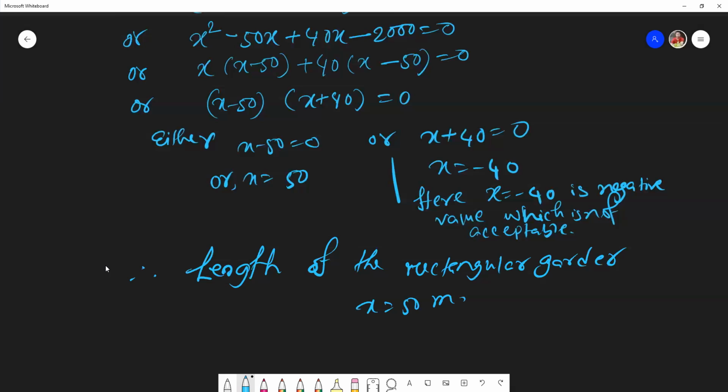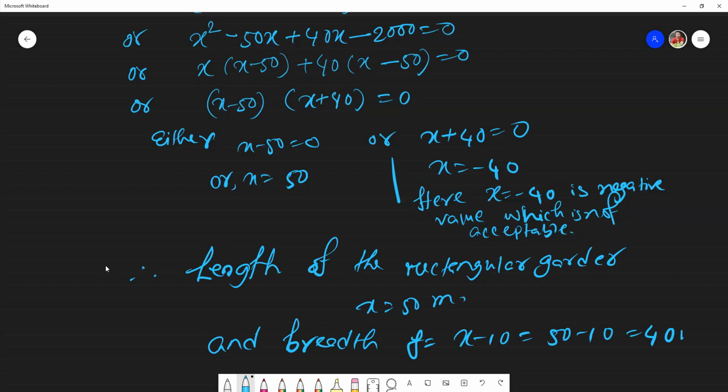And breadth y equals x minus 10 equals 50 minus 10 equals 40 meters.